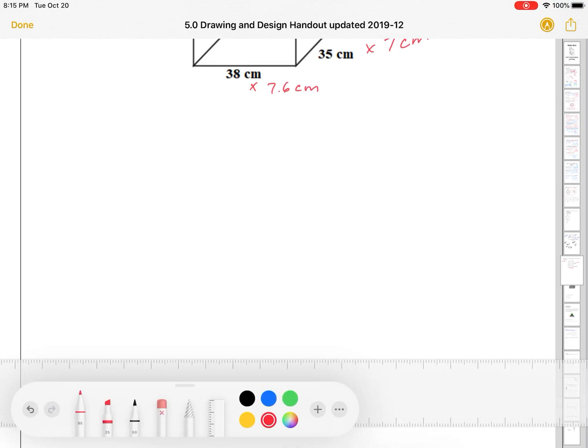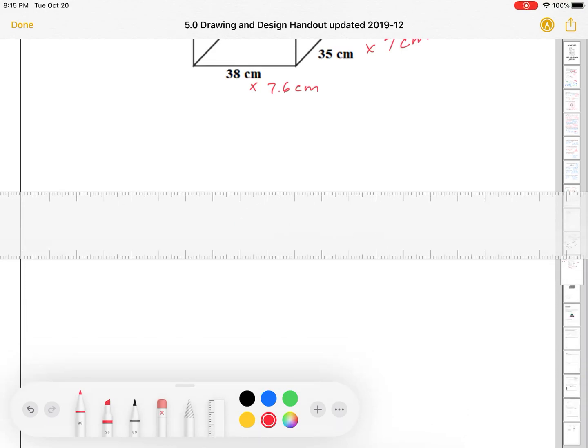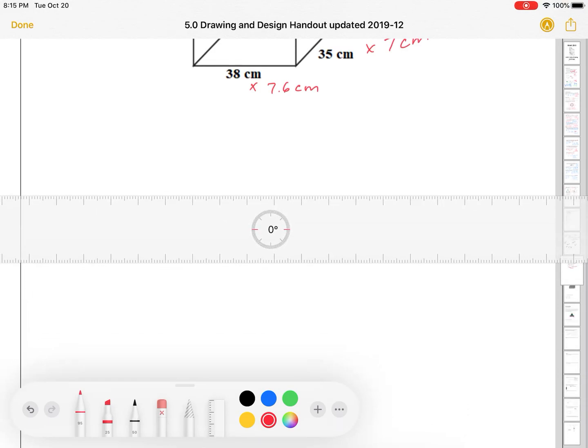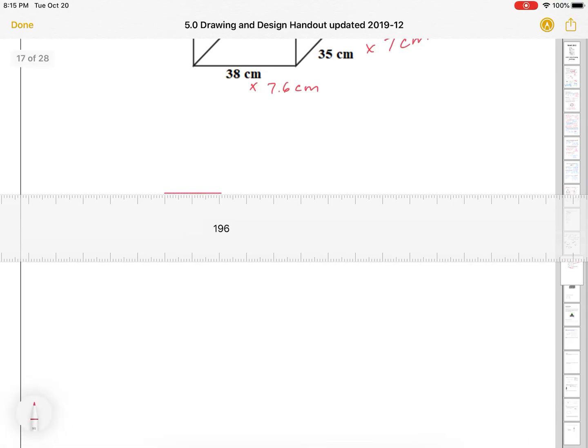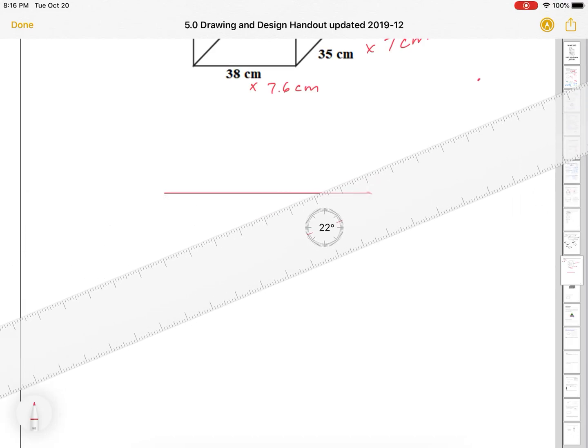We have the top, and we know that the front is 7.6 centimeters. So 1, 2, 3, 4, 5, 6, 7.6. Okay, and the depth is 7.